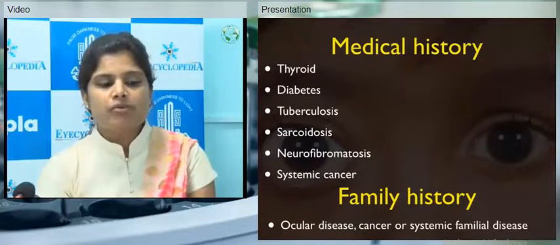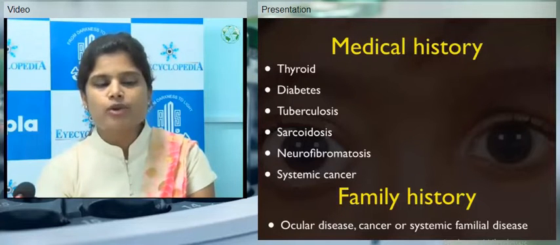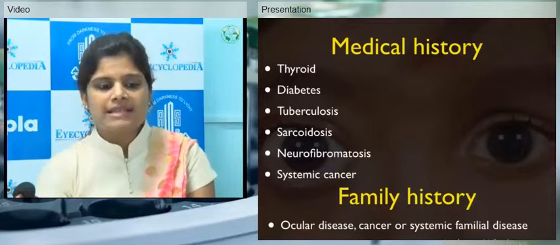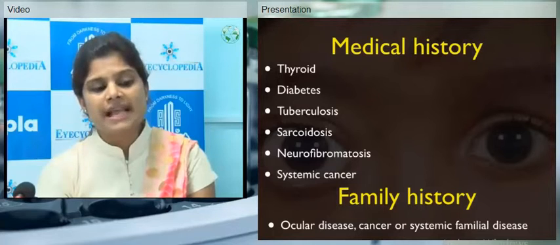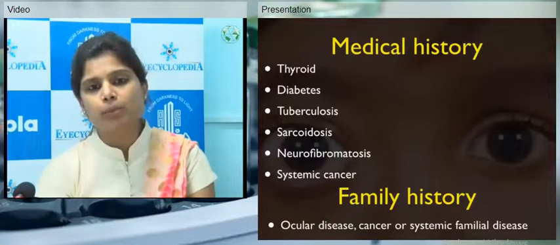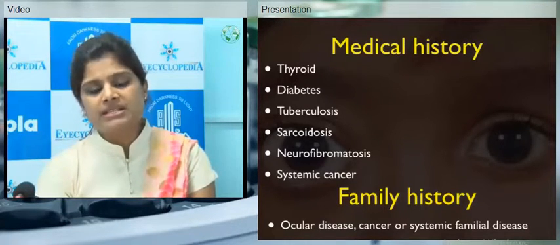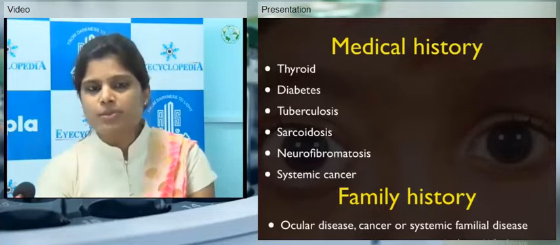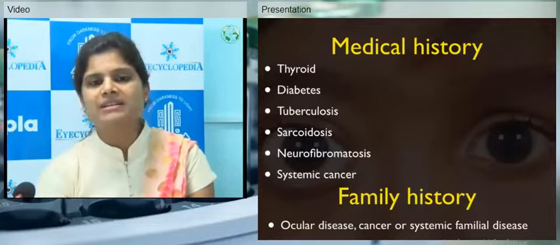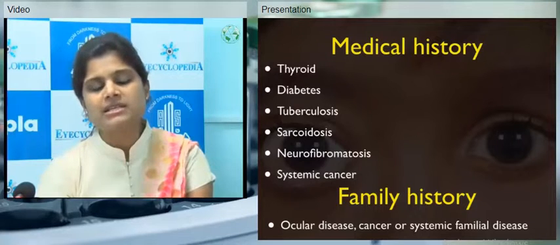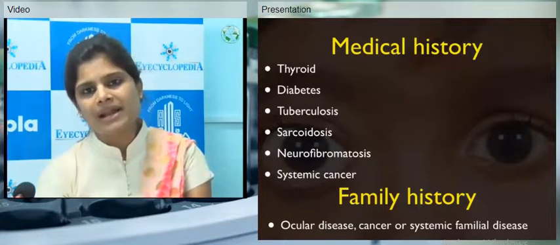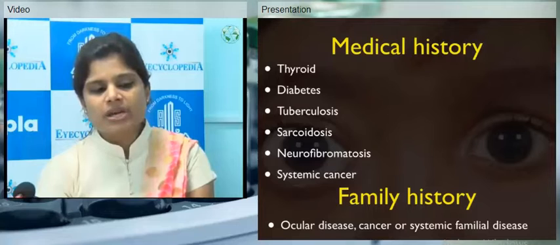For example, the history of thyroid is important because, as I mentioned, hyperthyroidism or hypothyroidism can be present in a patient, and when the patient presents with proptosis, you will obviously suspect thyroid eye disease, which may be unilateral or bilateral. So that is why that history becomes important.